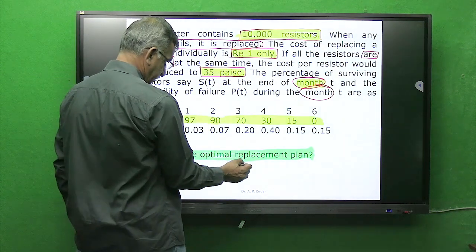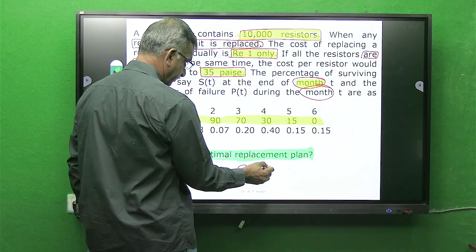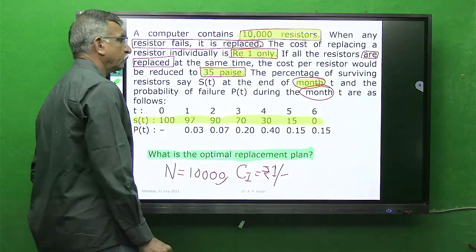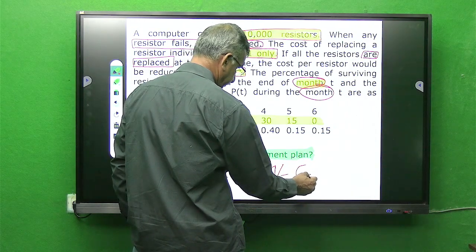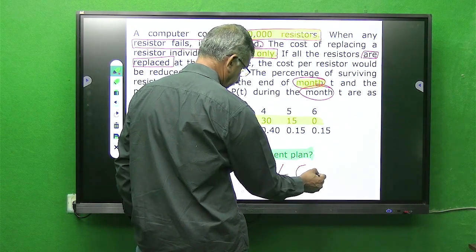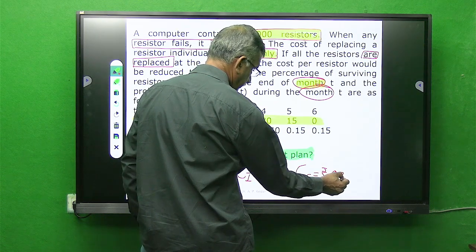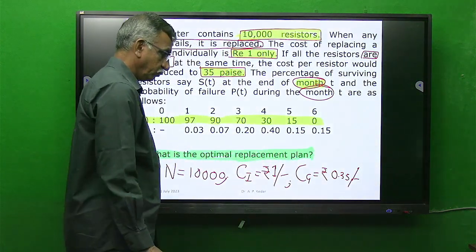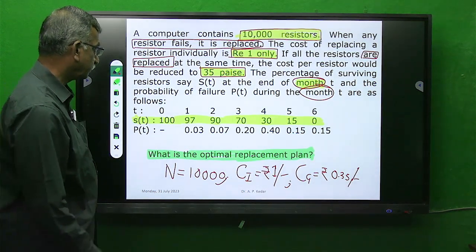Then Ci is given as rupees 1. Make it a practice of writing the values given. Then Cg is given as rupees 0.35, 35 paisa.